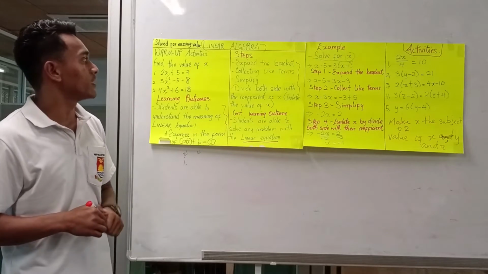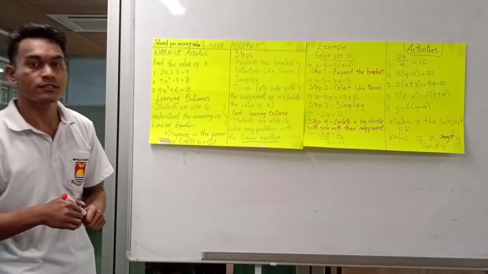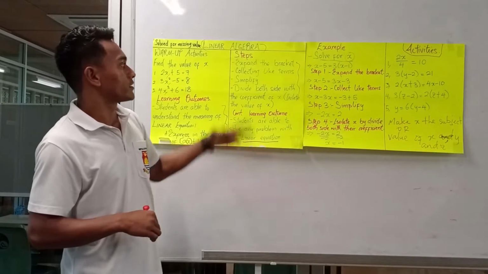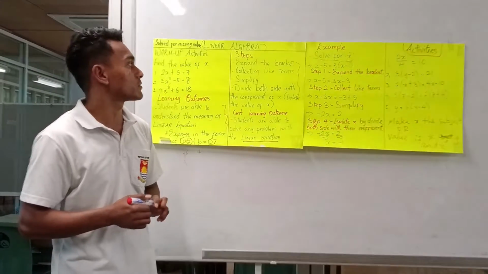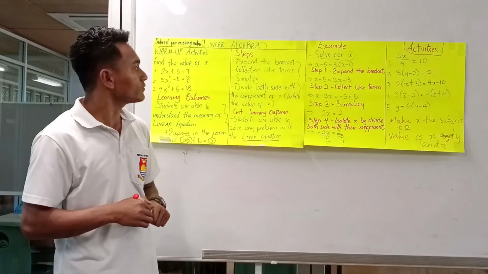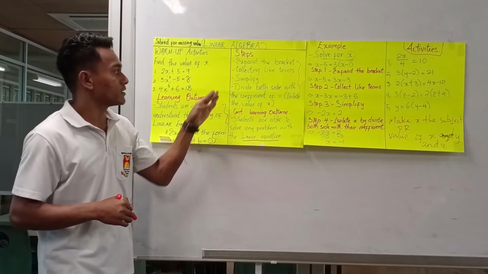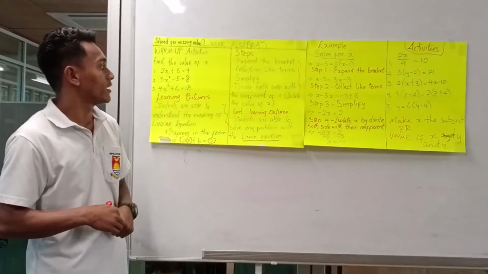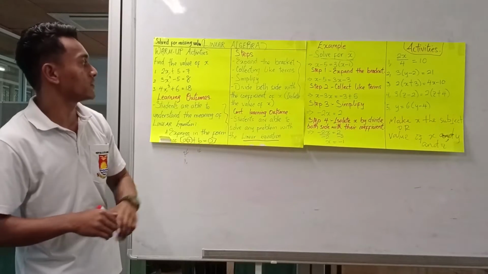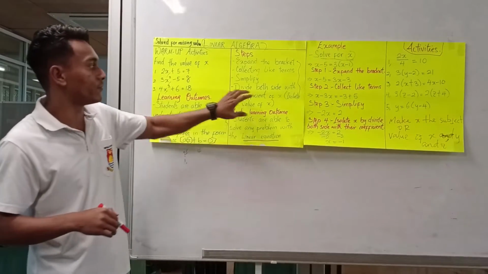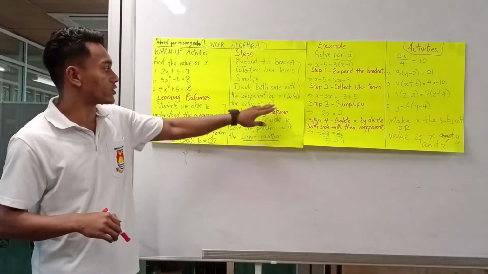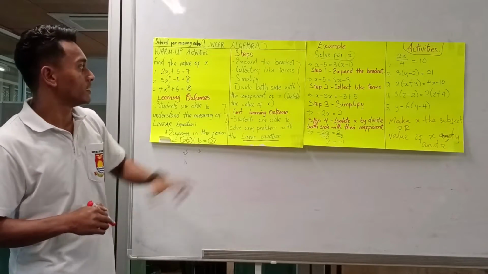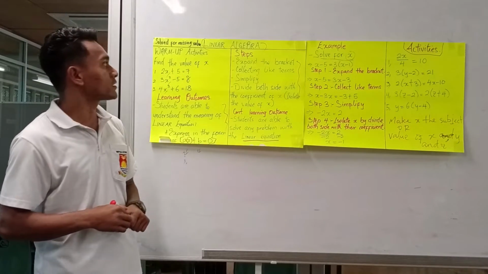The first step is to expand the bracket. The second is collecting like terms. The third step is to simplify. And the fourth step is to divide both sides by the coefficient of x, or isolate the value of x. These are the 4 steps for this topic.